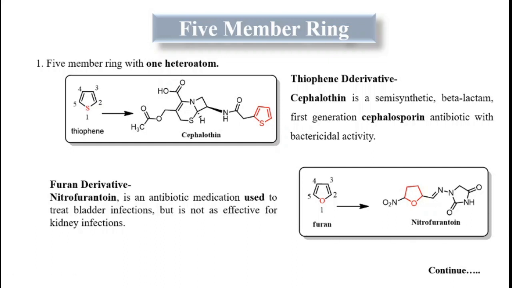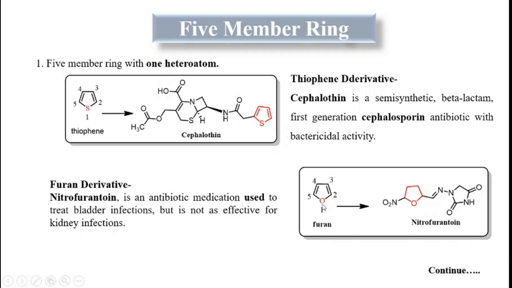Okay, the next one is furan. Furan is a 5-member ring, or you can say oxole. That means furan is a five-member ring containing oxygen at position number 1.